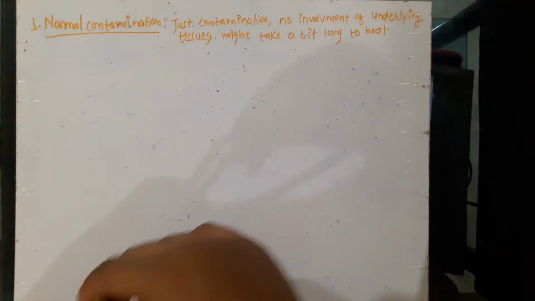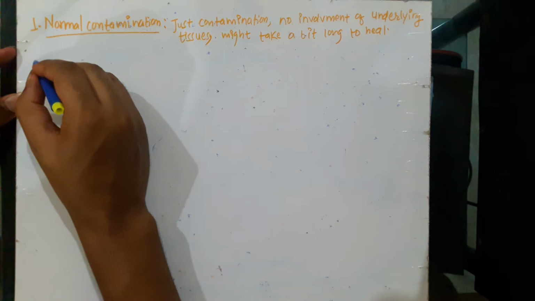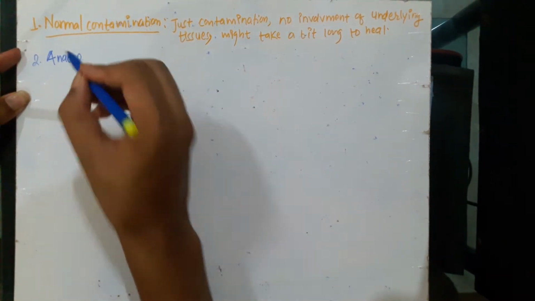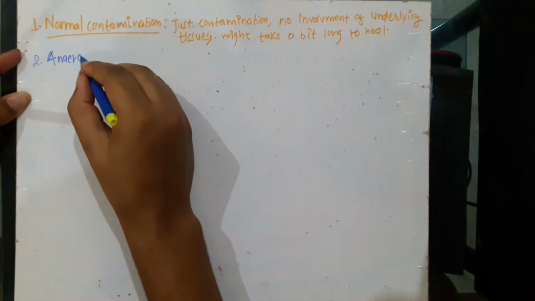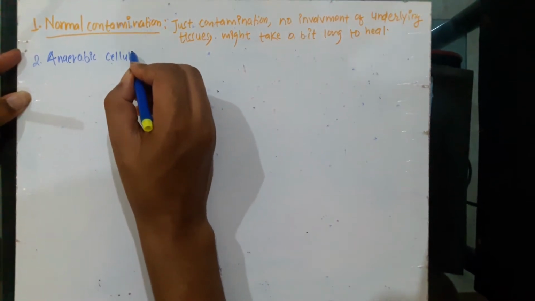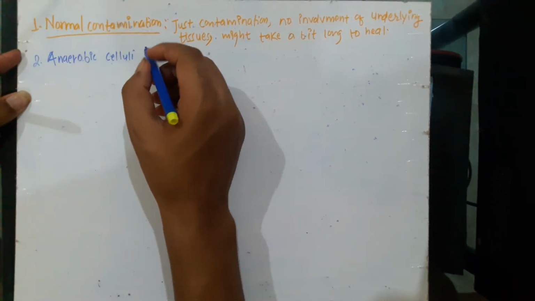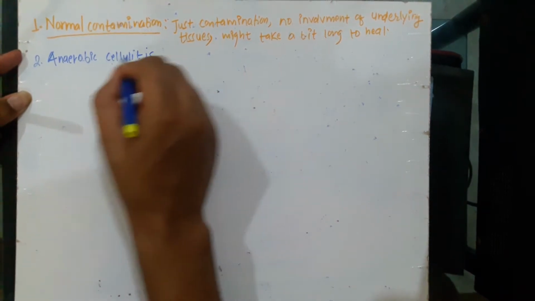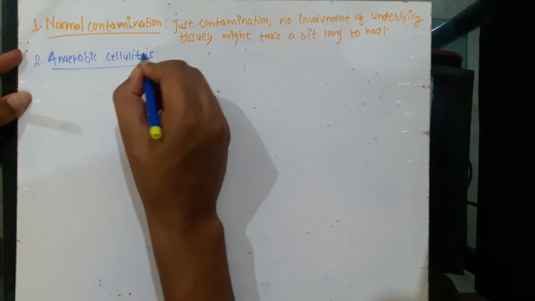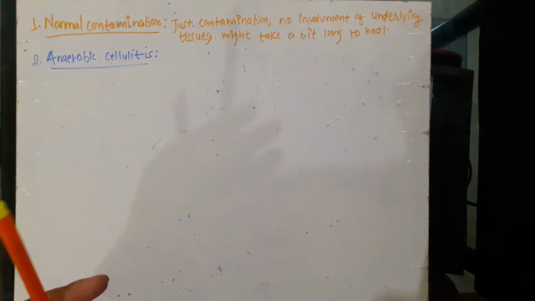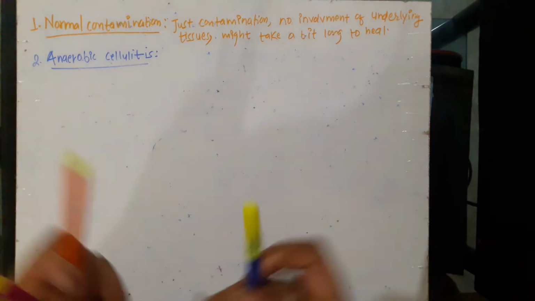The second was anaerobic cellulitis. In anaerobic cellulitis, only the facial planes are involved, but there is no involvement of the muscles.